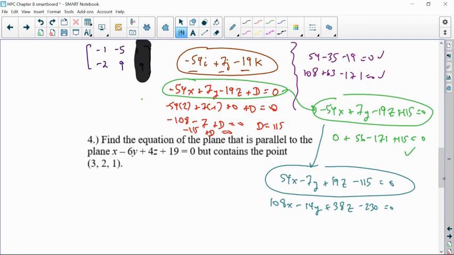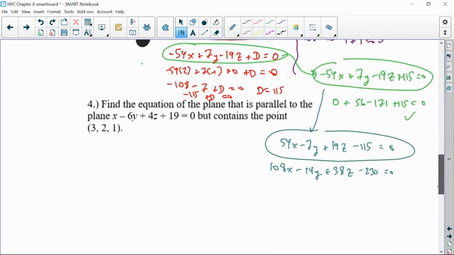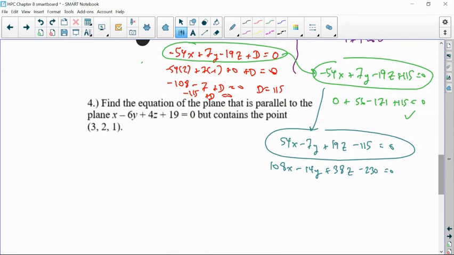Okay, let's do just one more example in this video, and then we'll pause and do another video. If you have two planes that are parallel to each other, so I'm looking at this next question here, well, under Euclidean geometry, if they are parallel to each other, they don't intersect, which means that they have the same normal vector, because that vector would have to be perpendicular to both of them in order for those planes not to intersect.